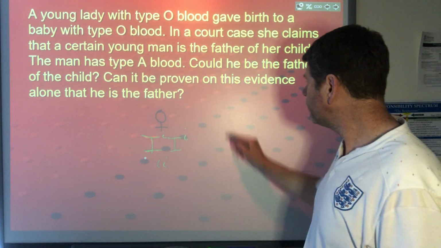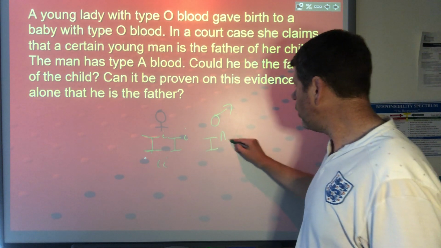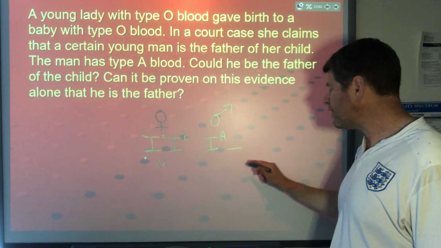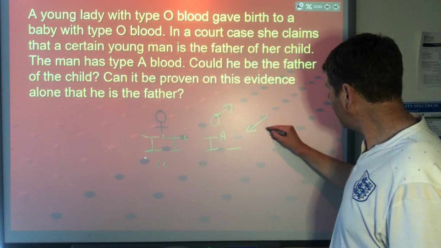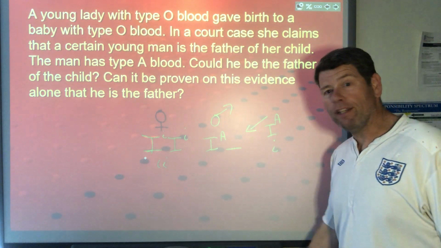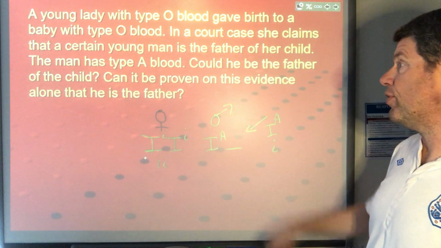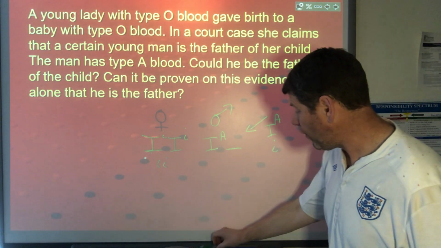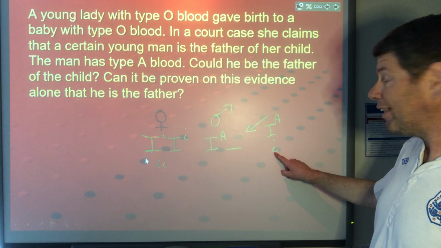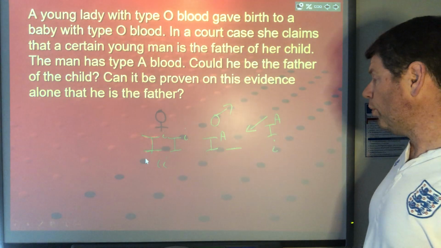And the male is type A, so we know but we don't know for sure what this other option is. It could be another A, or it could be the recessive. And so to answer this, yes, he could be the father of the child, but only if he carries the recessive allele. But it can't be proven on this evidence alone.